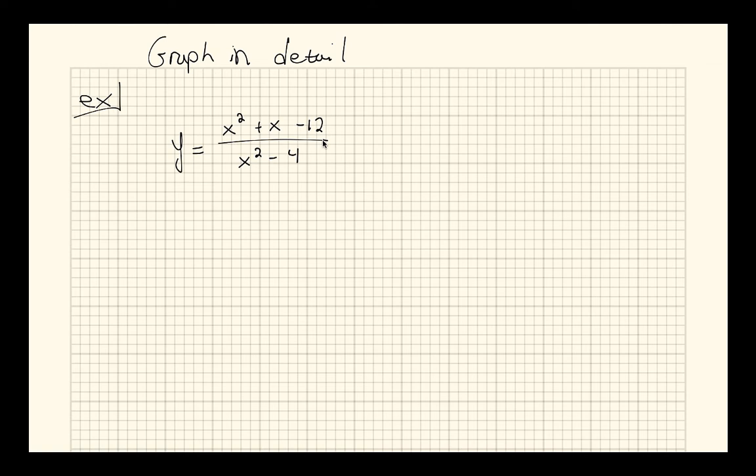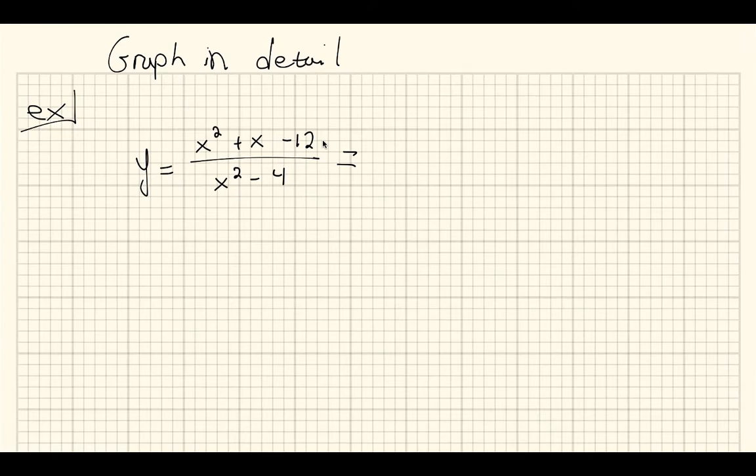So the first thing to do, a good idea, is to factor it to see where you're going to have a hole and where you're going to have a vertical asymptote. Okay, so let's factor this out. The top looks like it'll factor to x plus 4 times x minus 3.